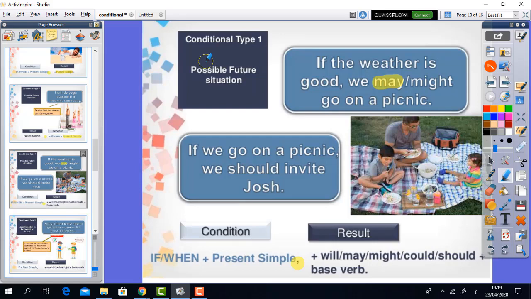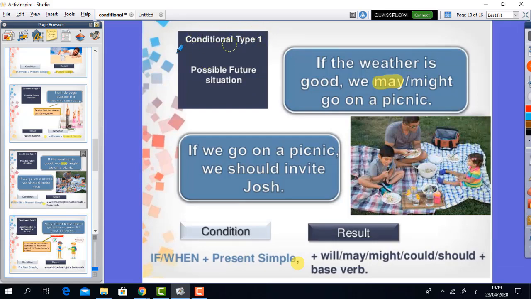To sum up with conditional type 1, we should remind that the actions or the situations found in the if clause and the main clause are both possible, but they are not certain.